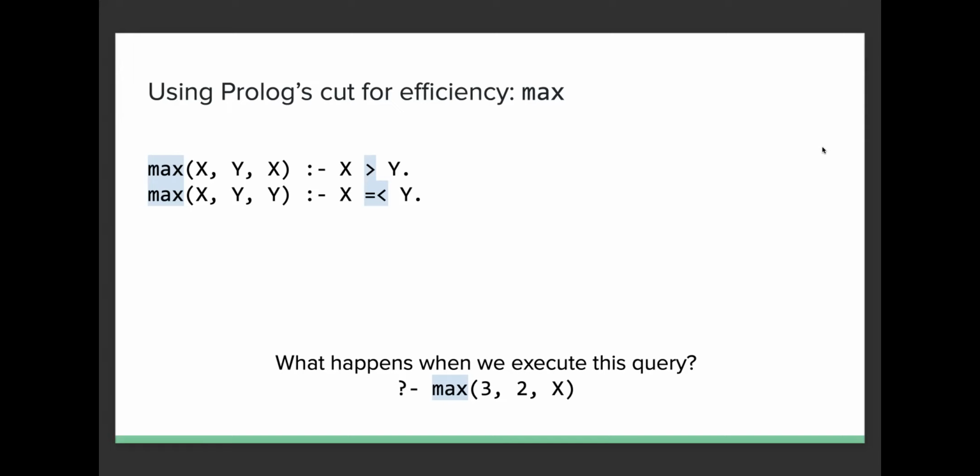Now, it works perfectly fine if we have 3 and 2 as arguments to max. What happens? Yeah, so x is equal to 3, right? But a more interesting question is how exactly do we arrive at that answer, and are there more answers, right?